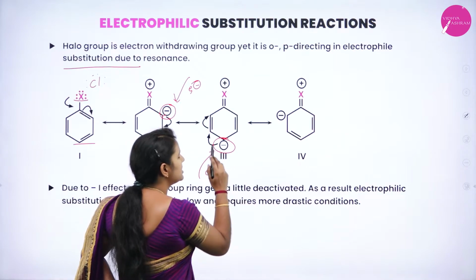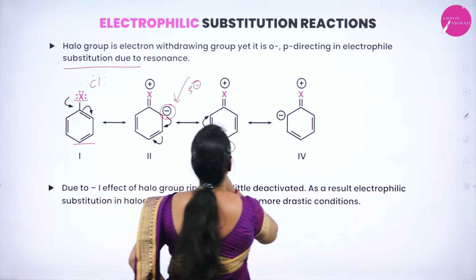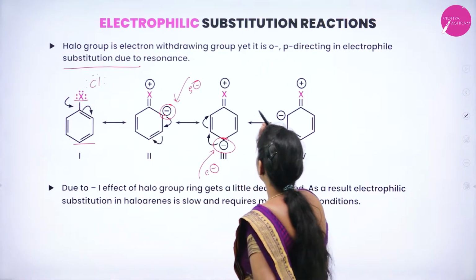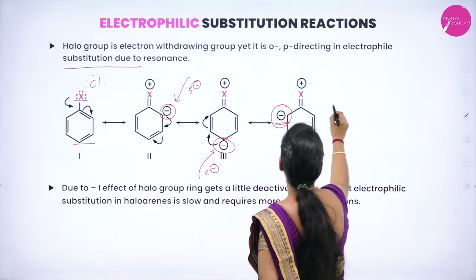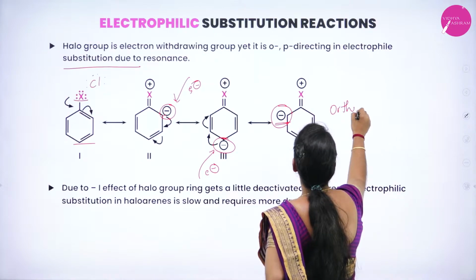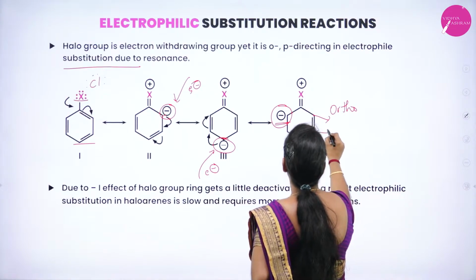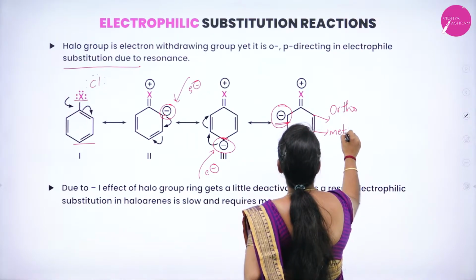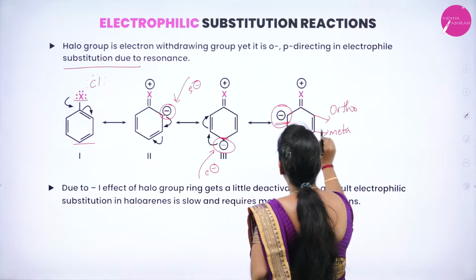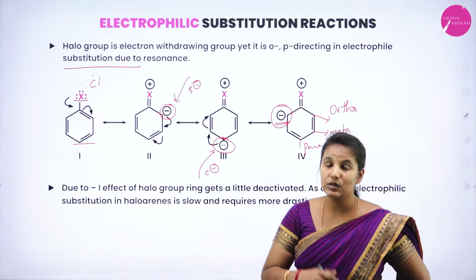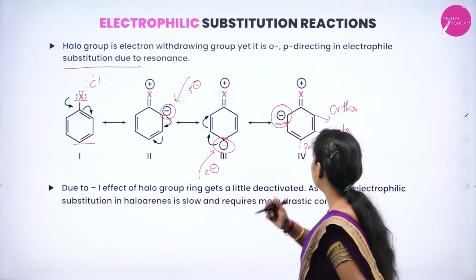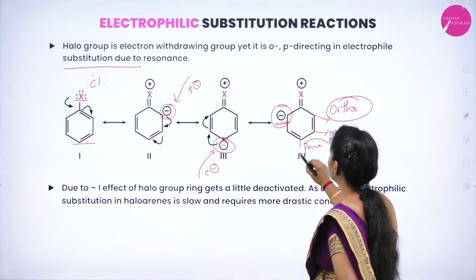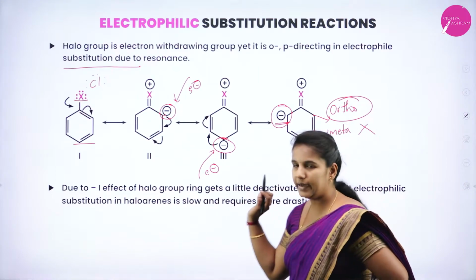Again this unstable charge will move, and the double bond also moves, showing that especially at the ortho side. We know that this is the ortho side, this is meta and this is para. So in haloarenes the electrophile can easily attack at the ortho as well as at the para, not at the meta.